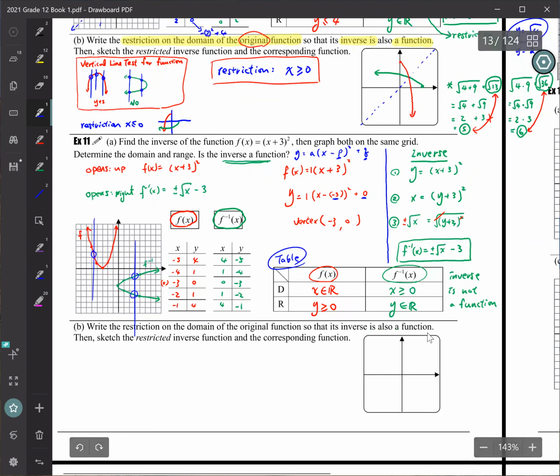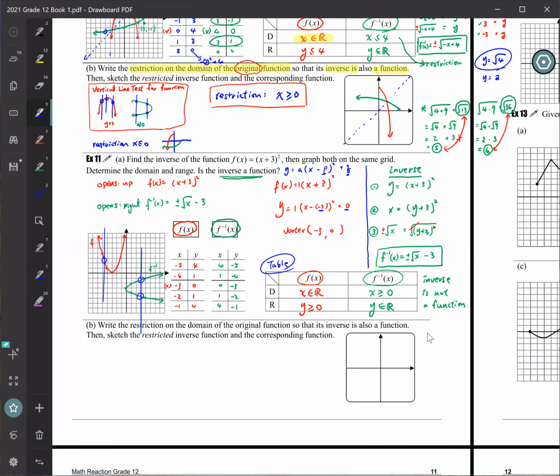Okay, last part. Just like before, please write the restrictions on the original. Okay, restriction on the domain of the original. So I would like you to do 2 kinds, 2 options, because you can either keep the top half or the bottom half, right?